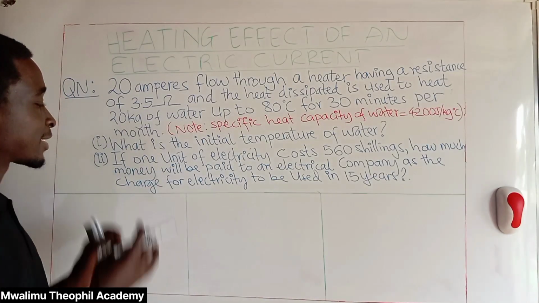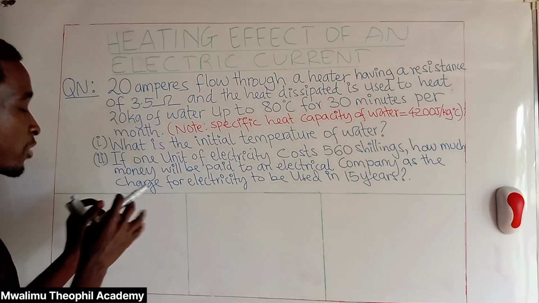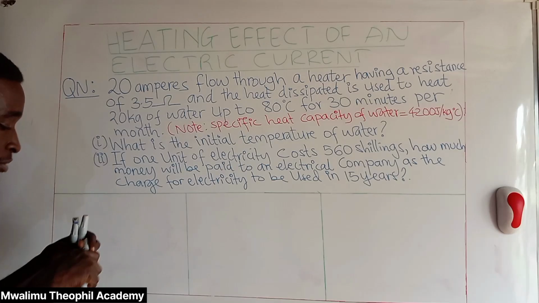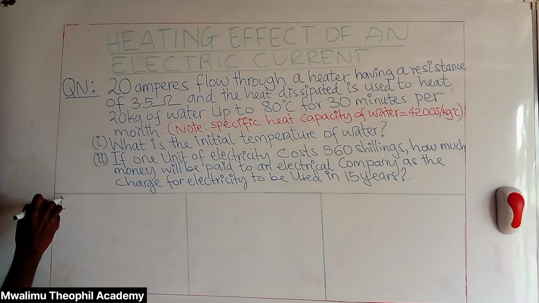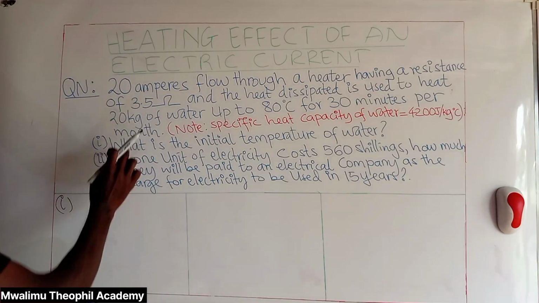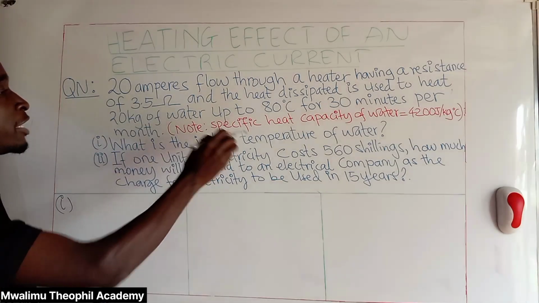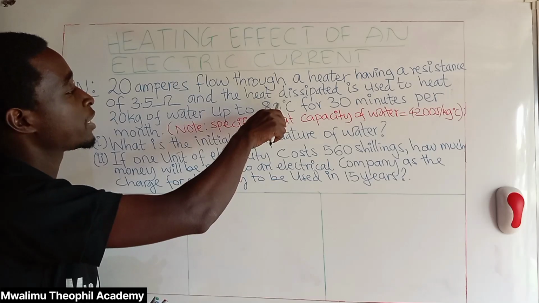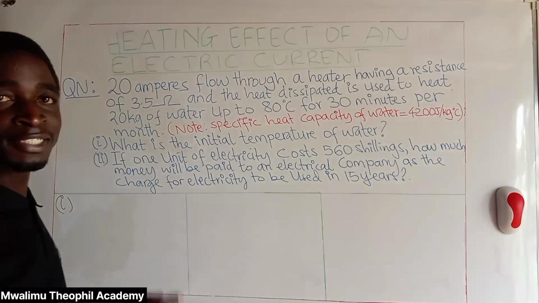Now, let us start the solution for this problem. Let us start with our first part. In the first part, we are asking you to calculate the initial temperature of water, as the final one has been given as 80 degrees Celsius.